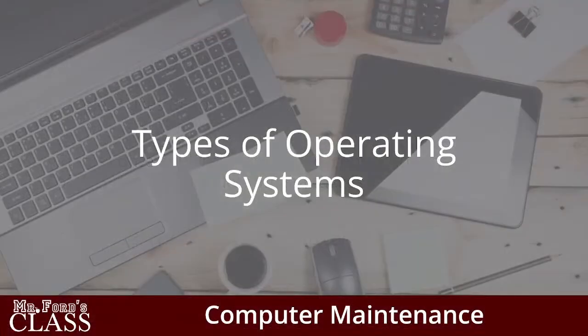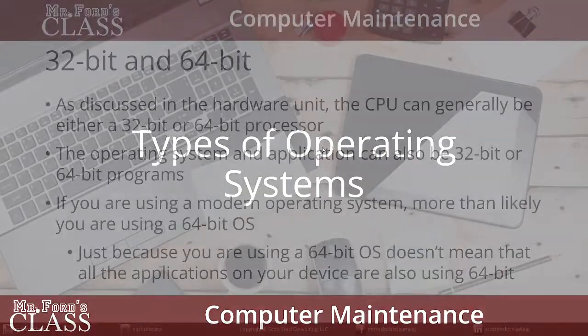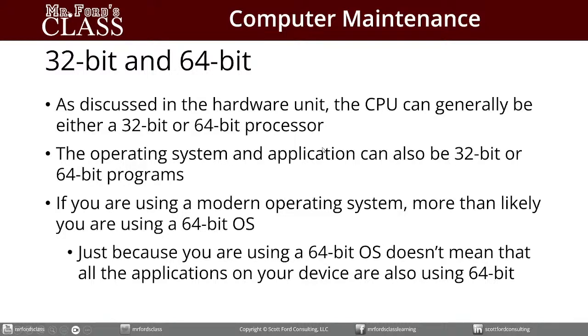All right, types of operating systems. So we have 32-bit and 64-bit operating systems historically for the last, I would say, 20 plus years. 32-bit was very popular back in, I remember teaching this in 2004 to 2008 when we started the big transition from 32 to 64 bits. This has to do with the CPUs and the registers internally. We'll delve into this in much more detail later on, especially when we talk about CPUs.